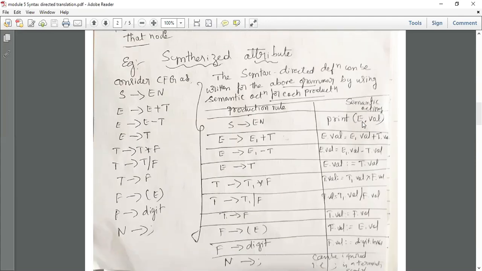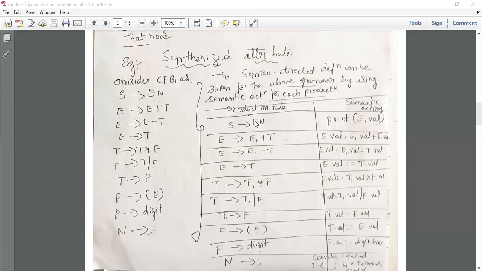So print E dot val. Here S is the start symbol, E is the particular production, and N ends with a semicolon, the terminal symbol. So we need to calculate E dot val.